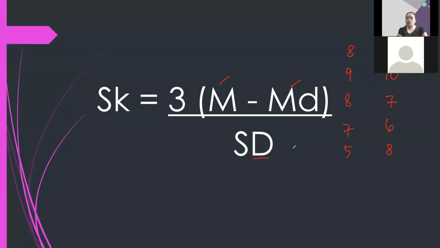Hindi na ako magpapadraw sa inyo ng graph. Let's just see the skewness so we can decide whether our data is fairly symmetrical, moderately, or highly skewed.